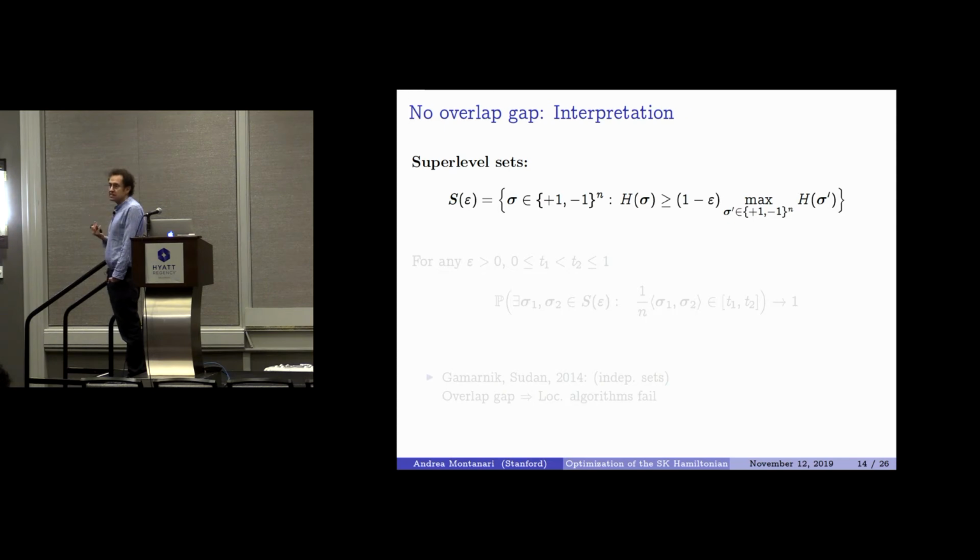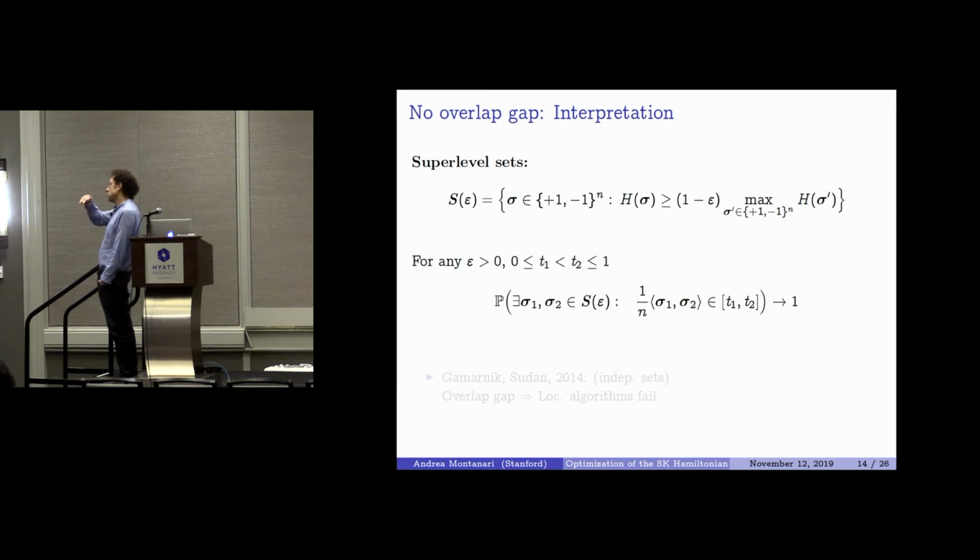Okay, this analysis fact actually has an interesting geometric interpretation. Let me try to describe it. Look at the super level set of this energy function, of this objective function. So everything that is more than 1 minus epsilon of opt. These are random subsets of the hypercube. And then the no overlap gap corresponds to the following.